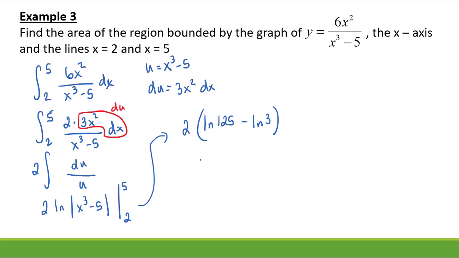And remember, this should be 120, not 125, since 5 to the third is 125, minus 5. So this becomes the ln of 120 over 3. Okay, so that was combining with the u substitution, and then I chose not to change the limits. If you want to change them, you can change them.